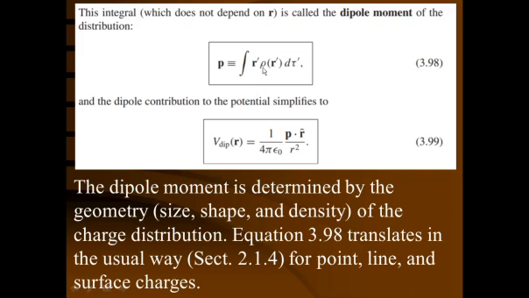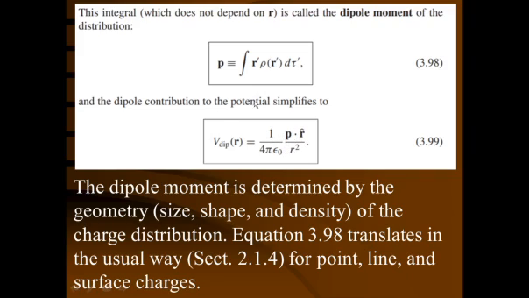So the integral of r dash rho r dash d tau dash represents the net dipole moment of this charge distribution, and the dipole contribution to the potential simplifies to V dipole as a function of r equal to 1 upon 4 pi epsilon 0, where we have substituted the vector p for the integral, p dot unit vector r upon r square.